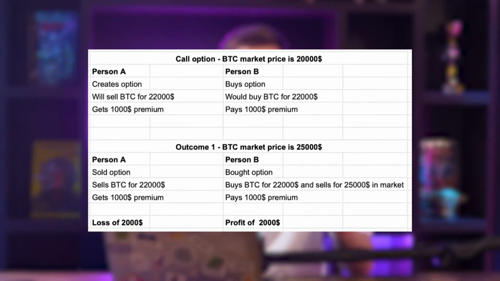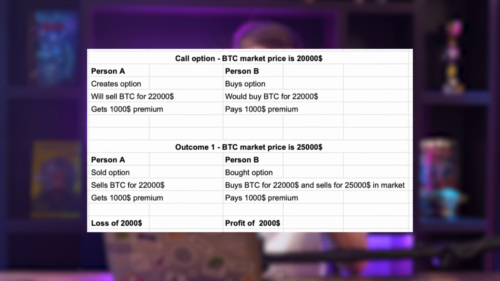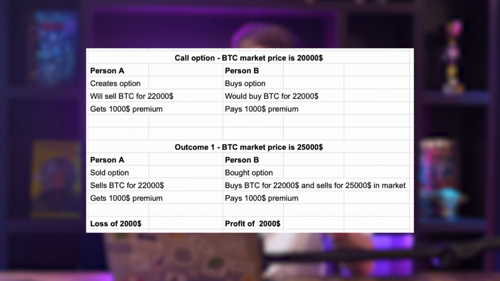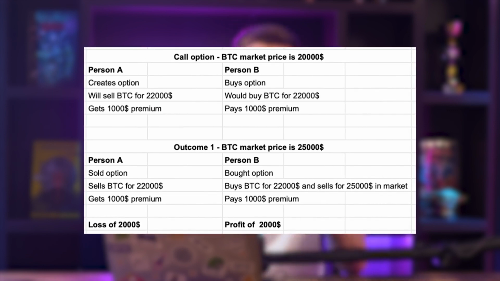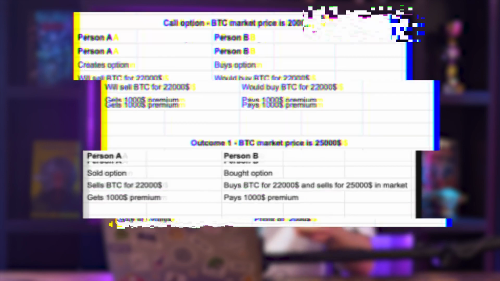Thus, person A is down $2,000, considering that they got the $1,000 premium fee but lose $3,000 of profit. On the other hand, person B makes a profit of $2,000 because they buy the Bitcoin at $22,000 and sell it immediately for $25,000, making $3,000 profit, but also paying a $1,000 premium to person A. So this scenario is profitable for person B, but a loss for person A.